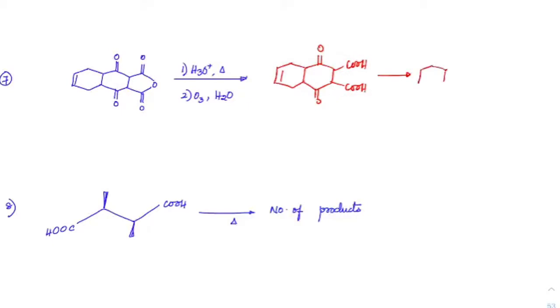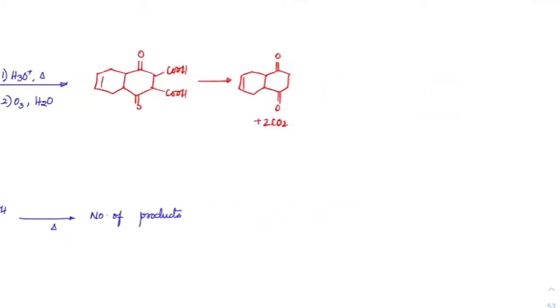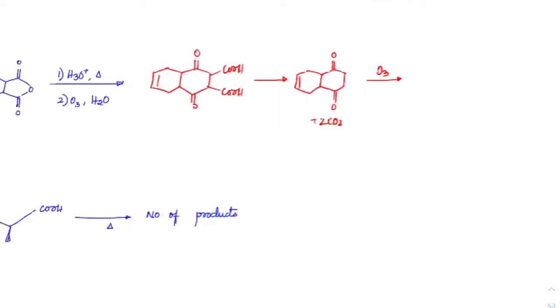On heating, carbon dioxide will come out. You get double bond O with 2 moles of carbon dioxide. That is undergoing ozonolysis. Okay, and only H2O is mentioned, which means it is oxidative ozonolysis.